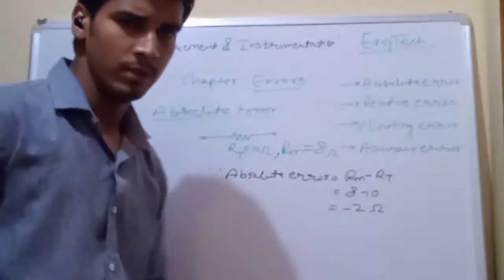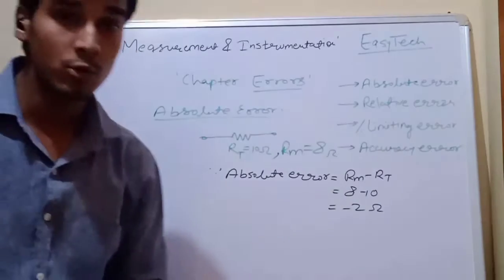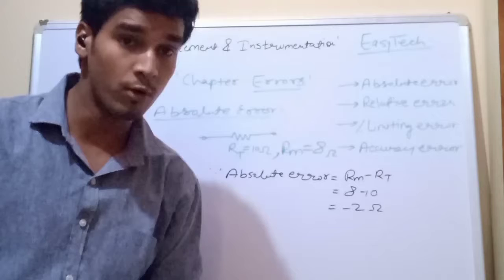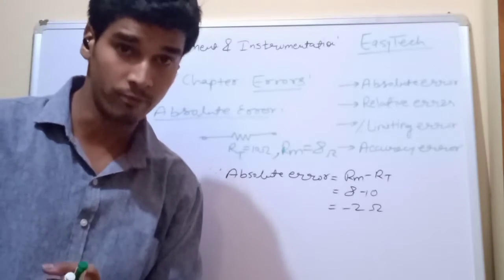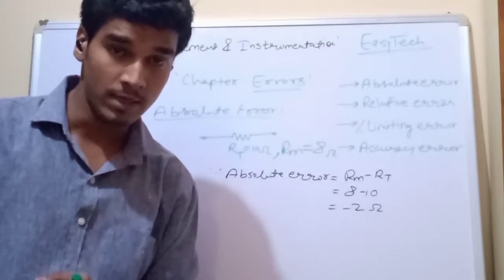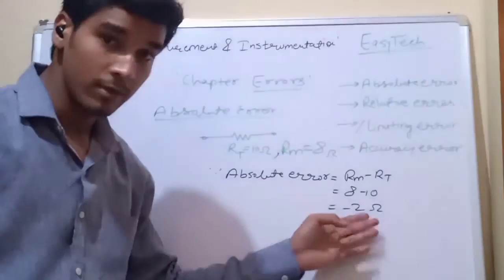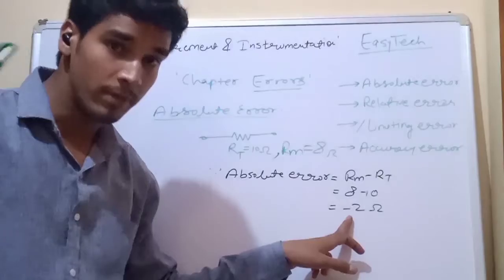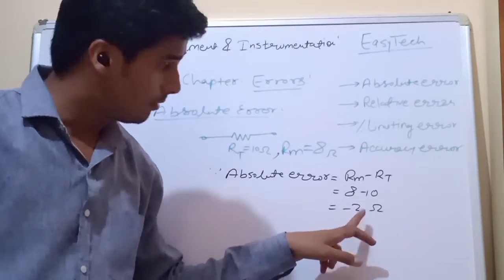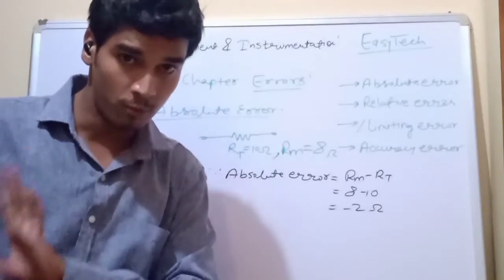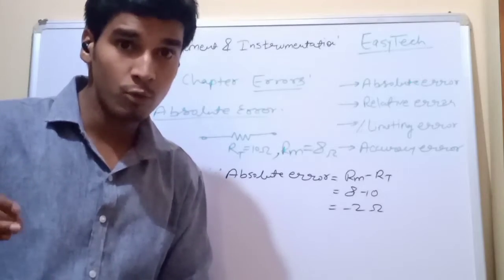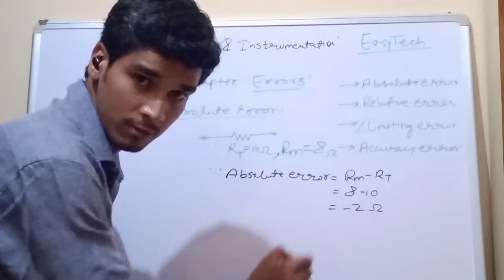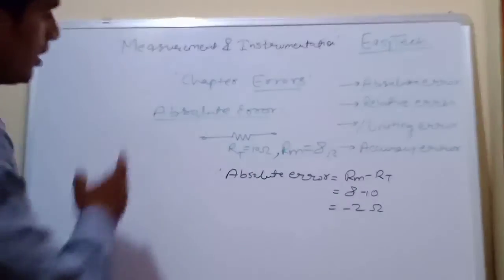What does it mean actually? This minus shows that your measured value is less than the true value by 2 ohm. So to get the true value, you have to add this 2 ohm to the measured value. So this is what absolute error is.